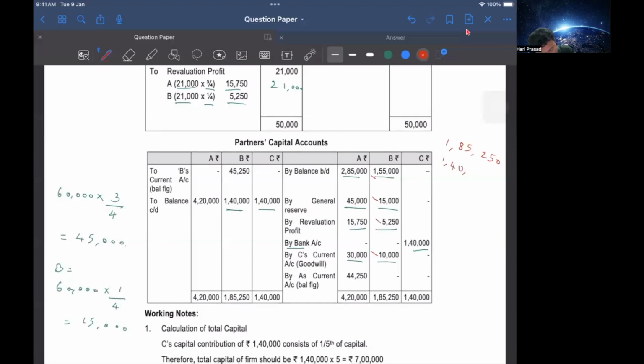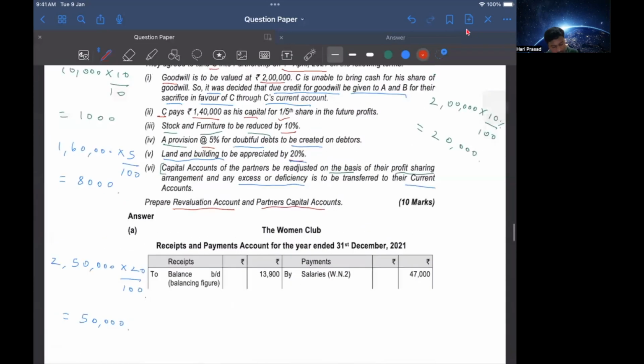Then what is the excess amount? 45,250. This excess amount should be transferred to B's current account. That's the point they are telling here. Readjusted on the basis of the profit sharing arrangement, any excess or deficiency is to be transferred to the current account.